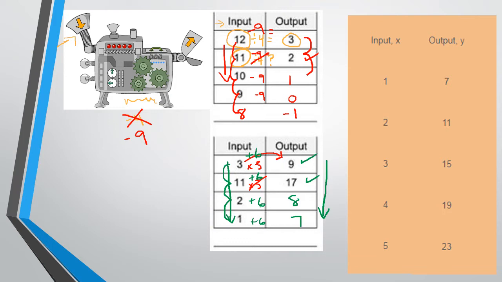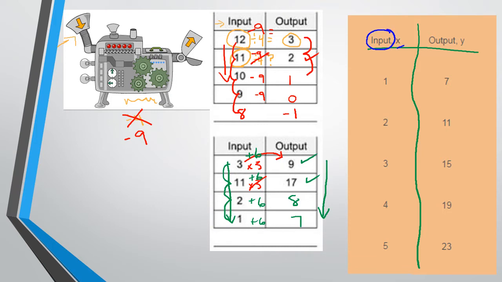Let's look over here at this big yellow box. Sometimes in an input-output machine, they don't call them input and output.